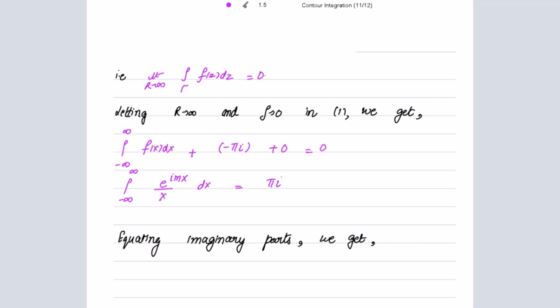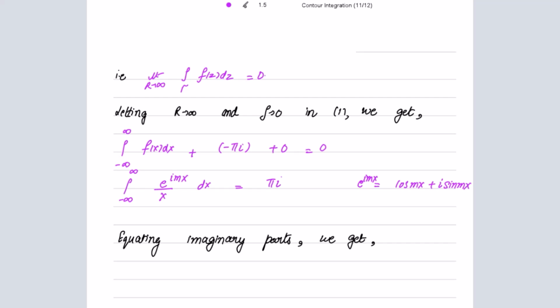Now I have to equate the parts. Should I equate real parts or imaginary parts? I need sine in the numerator for the required result, so I need to equate the imaginary part. I know that e to the power iota mx is cos of mx plus iota sine of mx.